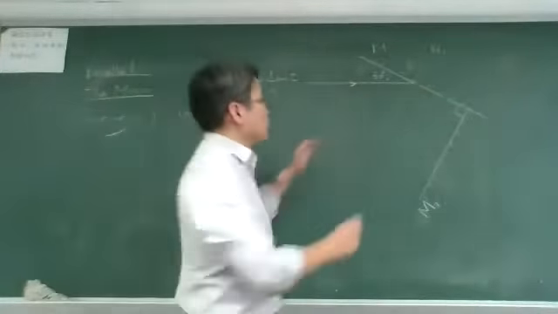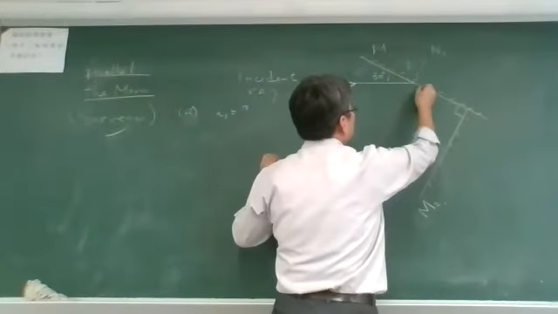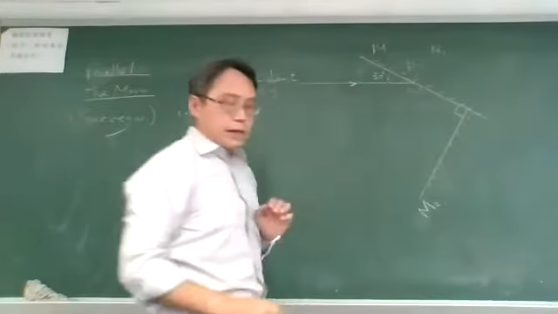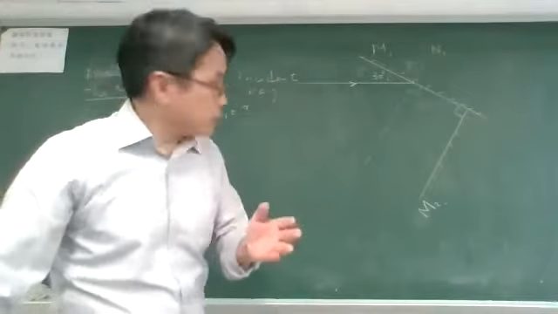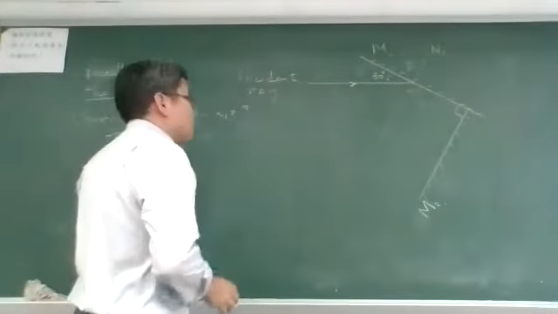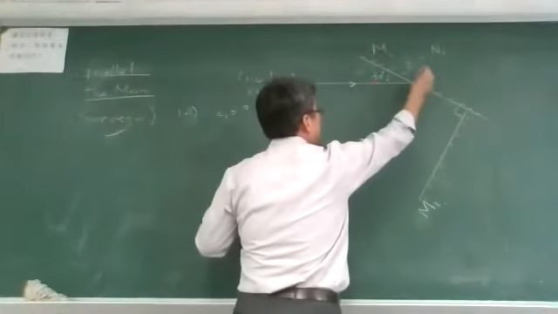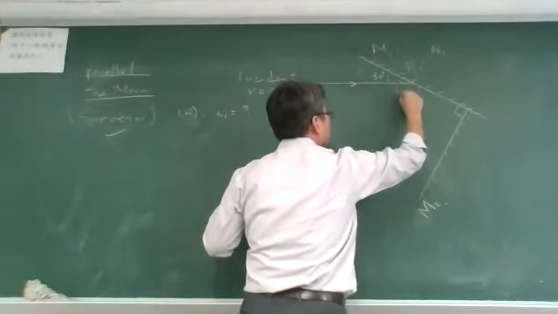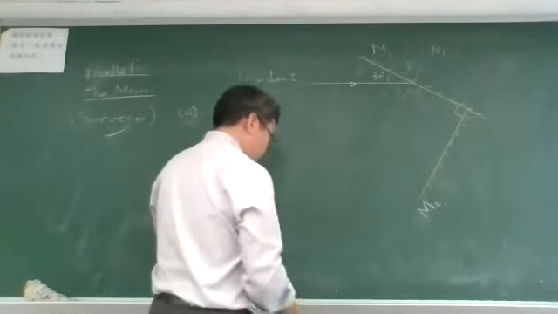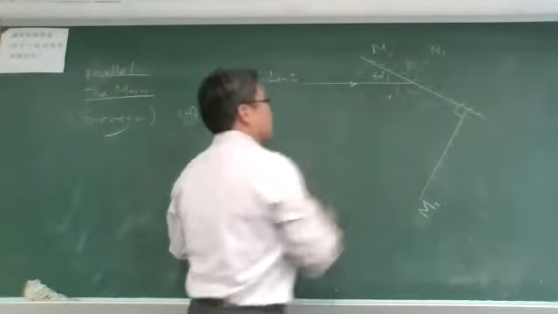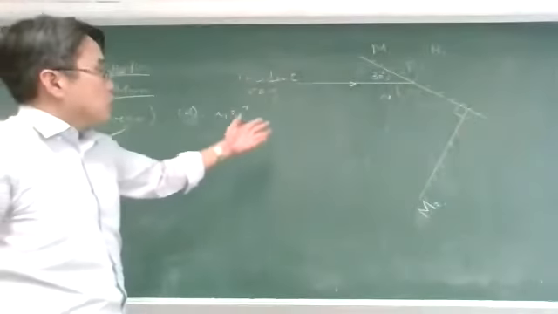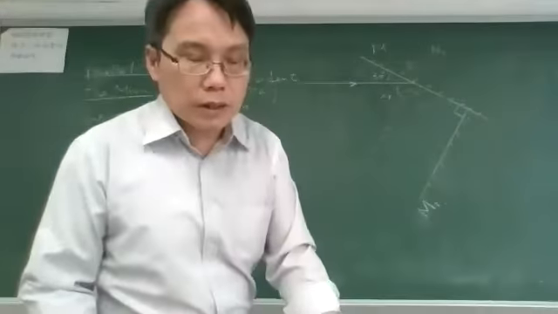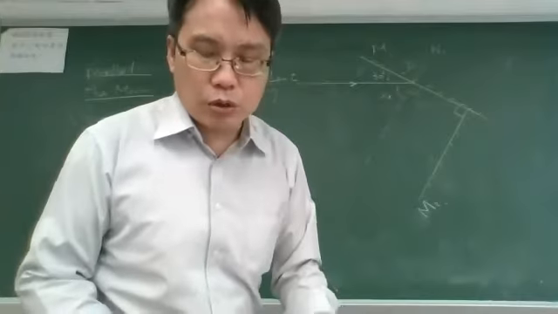It makes a right angle with mirror 1. By definition, the angle between the incident ray and the normal, I call this I1, which is the angle of incidence. With a simple calculation, or without any calculation, you can find the answer.